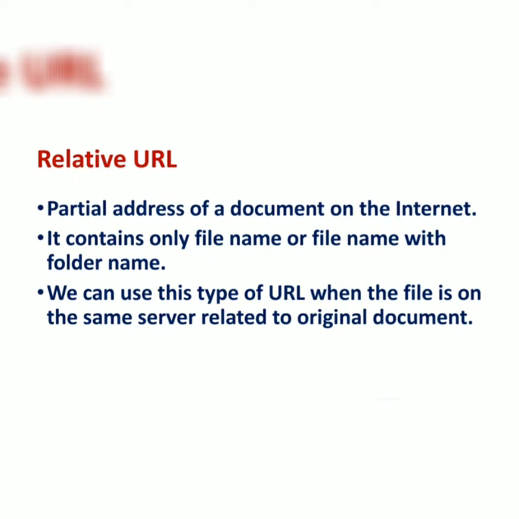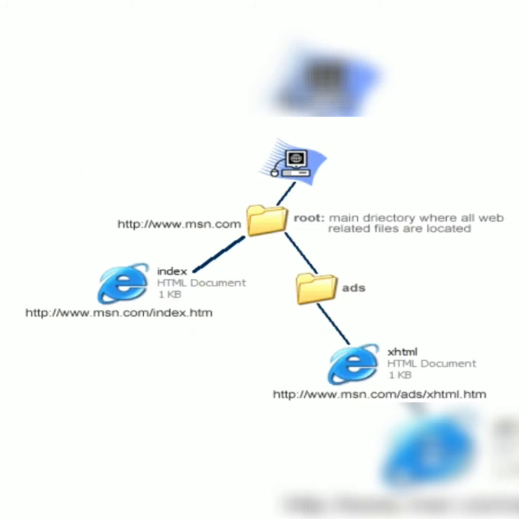A relative URL will have either the file name, or if you save the file in a folder, you have to specify that folder name with the file name for running the HTML file. That is a very good example for a relative URL. This is how we can specify the relative URL as we have discussed in the example. Suppose you want to run an HTML file.